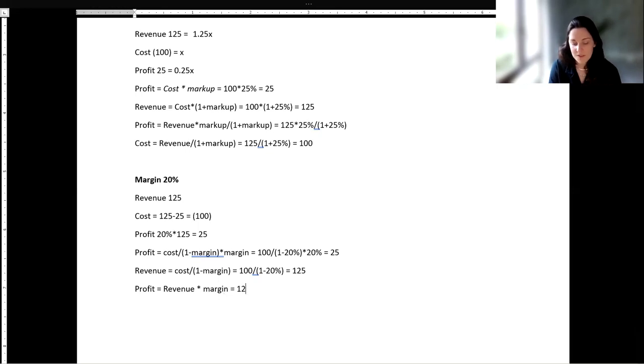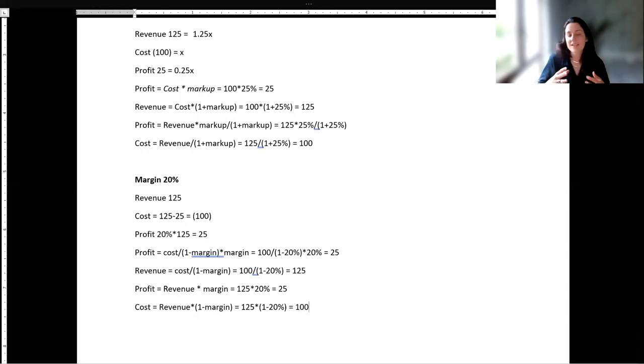So this will be 125 multiplied by 20%. So this means 25. And cost is going to be found from revenue as revenue multiplied by 1 minus margin. And this will be 125 multiplied by 1 minus 20%, so by 80%, which is 100.